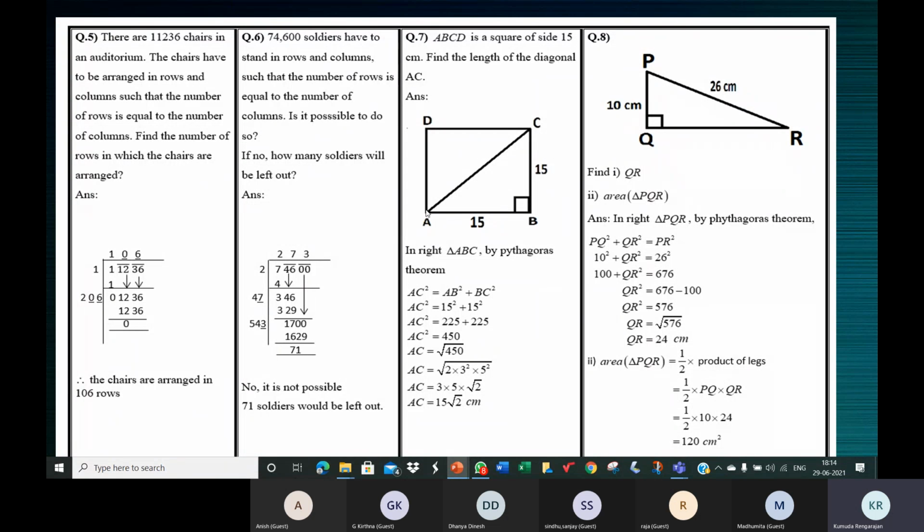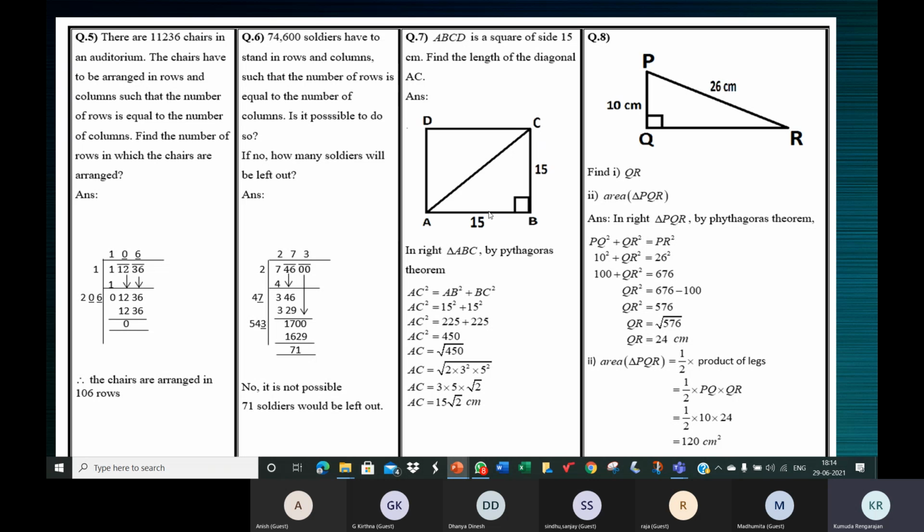You start from A, you walk along AB, then along BC, then along CD, then along DA, and you come back to the starting point. Now you have gone 1 round along the boundary of your field. You will not go in the middle. You will not run here. You are going on the boundary like this, and you come back to the starting point. This is the perimeter of the square.